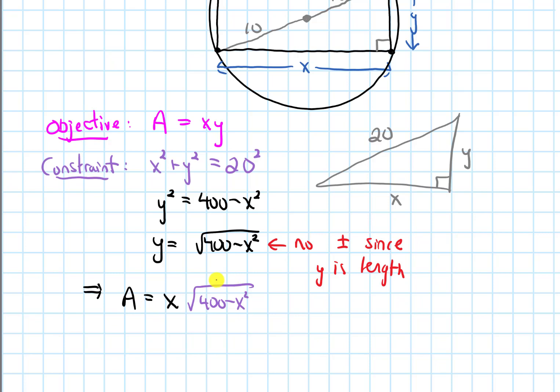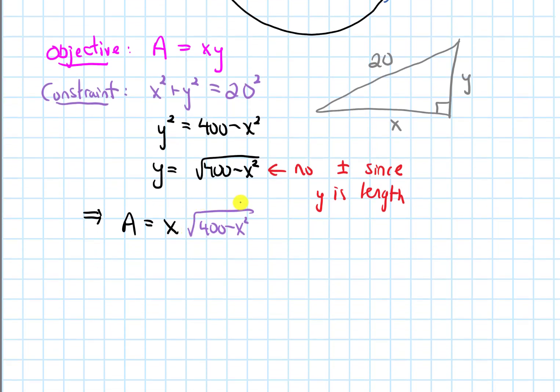If I were to take the derivative of this now, we could do it, and we would get an answer. It's just going to be tedious, because I have to use the product rule, and there's the square root of some stuff. But we've seen a shortcut for situations where we have a square root of some stuff. The idea is, instead of trying to maximize A, let's first find the maximum of A squared.